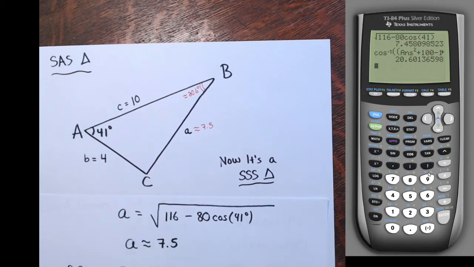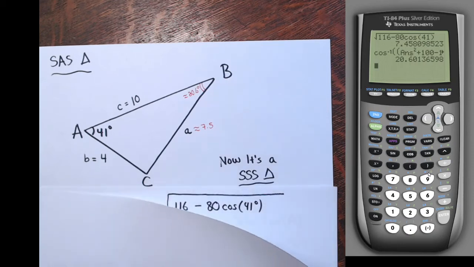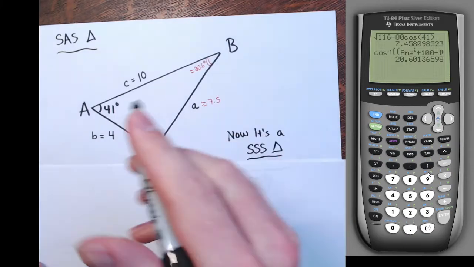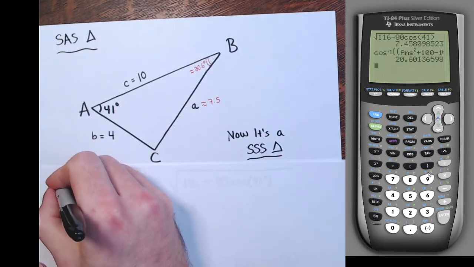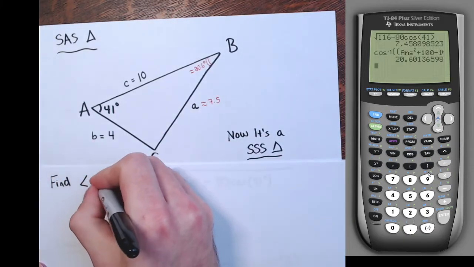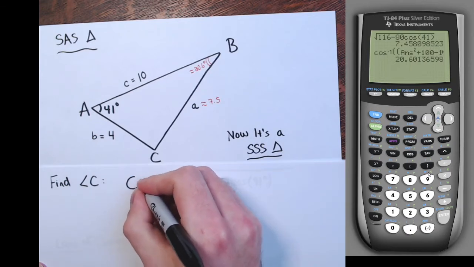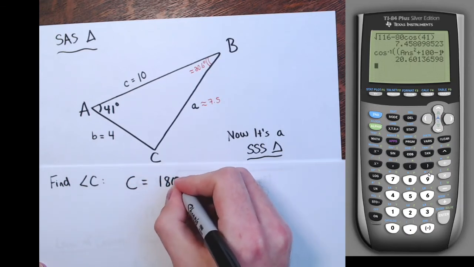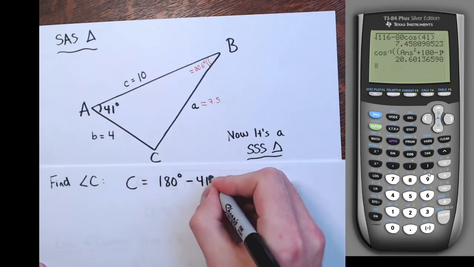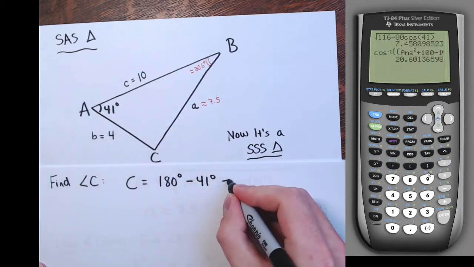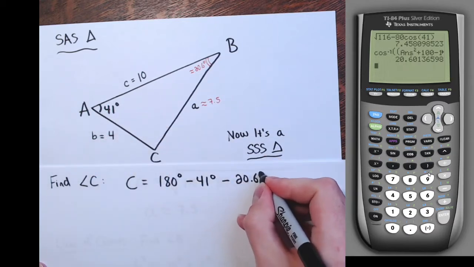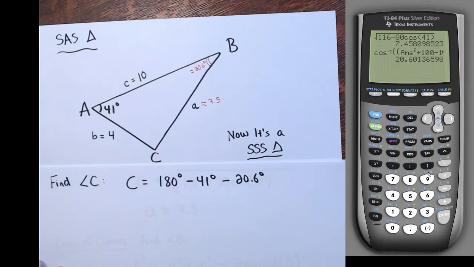Just subtract the other two from 180 degrees. So now if I want to find angle C, C would be equal to 180 degrees minus the 41 degrees for angle A minus the 20.6 degrees for angle B.